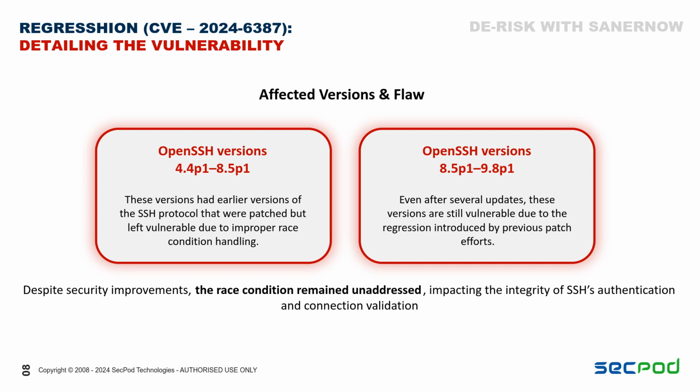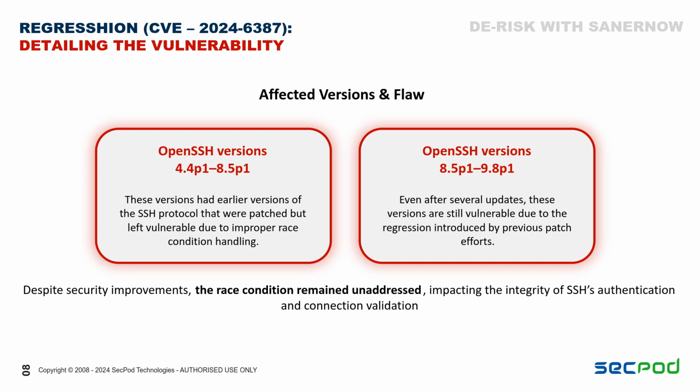If somebody had thought through and addressed the root cause in the first version, even in future updates that problem would not have reoccurred. So in OpenSSH versions 4.4 P1 till 8.5 P1, the handling of SSH protocol race conditions was inconsistent, and that is what left the door open for the attacker to exploit.